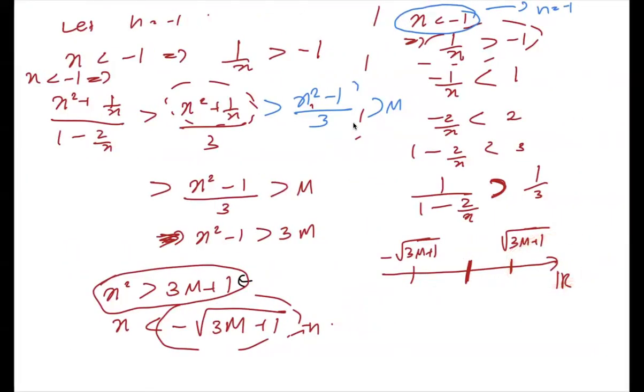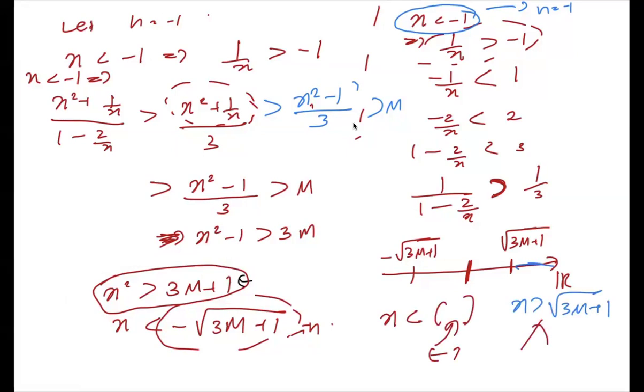I need to have some sort of negative value to say when x is less than that amount, this result holds. Even if you consider this range, x greater than square root of 3m plus 1, this doesn't help us. We need something to tell x is less than something that should be a negative value.